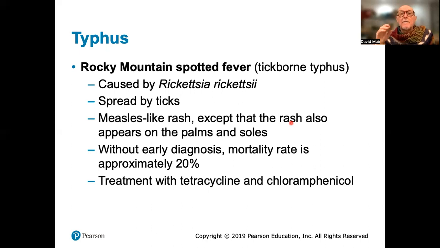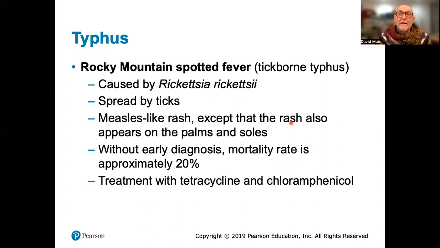Untreated Rocky Mountain spotted fever accounts for about 20% mortality. Now, that's very, very high for an infectious disease. It's spread by ticks in a similar way to what we saw before for the other tick-borne diseases, moving through animal reservoirs. But it is very definitely treatable.